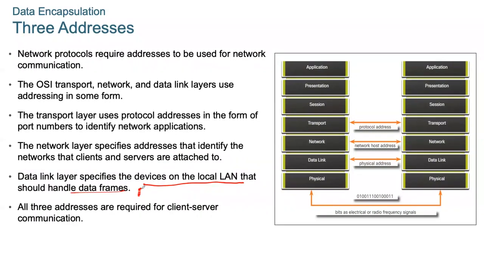It uses the MAC address or physical address, we say. So all these three addresses, your transport layer address, network layer address, and data link layer address, are required for client server communication to identify client and servers.